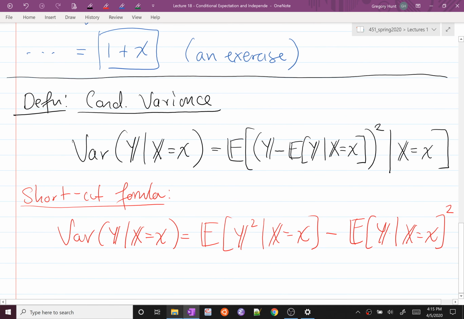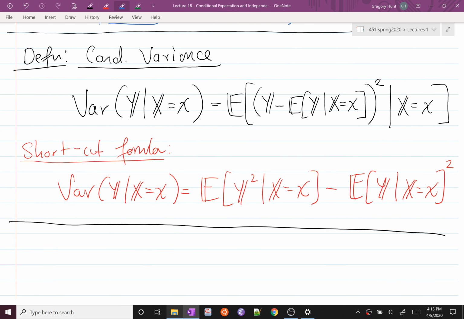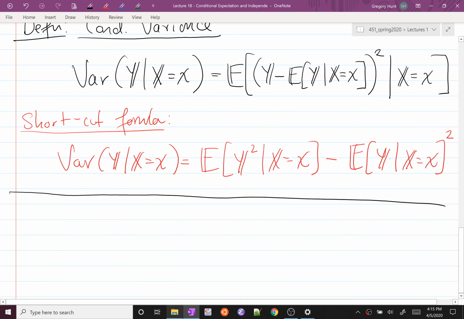We square that thing, right? So again, this is the same shortcut formula, but we're just replacing the normal expectation with the conditional expectation. So it's pretty straightforward. It's just bootstrapping off of our previous theorems. I'm not going to prove any of these because they're basically very trivial given our previous formula.